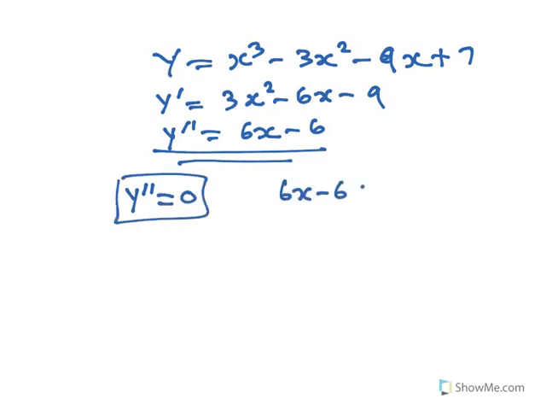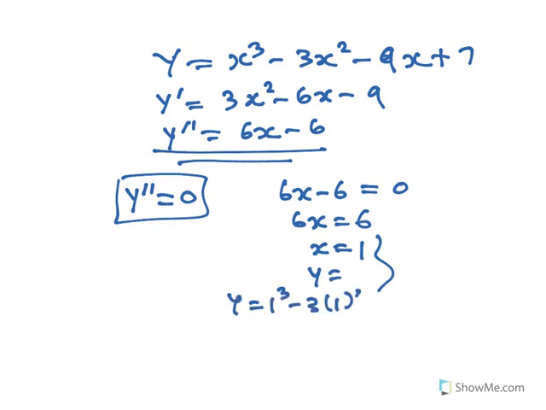So you make 6x minus 6 equals 0. So therefore 6x equals 6 and x will equal 1. You then need to find the y value by putting it into the original curve. So that would be 8 minus 12, you end up with minus 4.